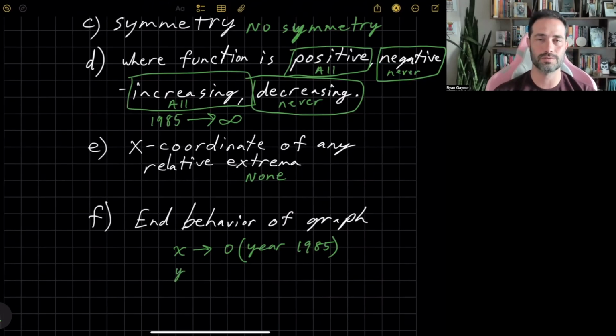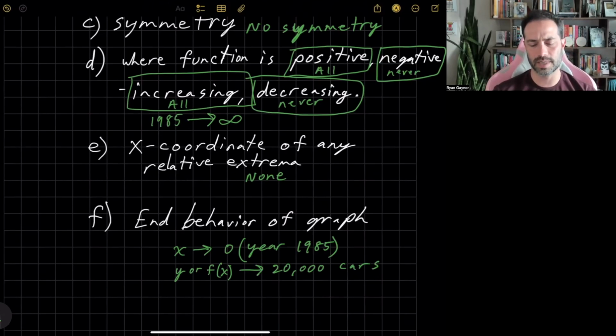If we're doing function notation, then they would want you to write f of x. So y or f of x is approaching 20,000 cars.